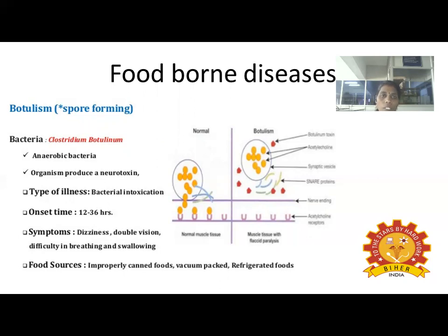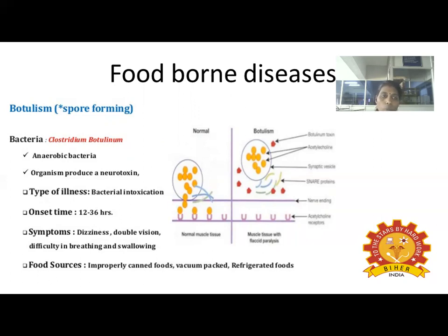Okay, first the foodborne disease, botulism, a spore-forming disease caused by the bacterium Clostridium botulinum, an anaerobic bacterium. Anaerobic bacteria means growth without aeration. Even without aeration, this organism will grow and produce the neurotoxin.